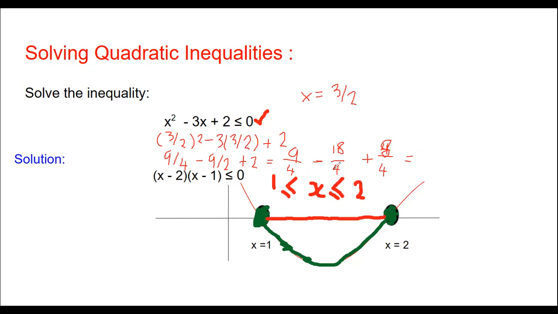Now, since the denominators are the same in each term, we can just add the numerators. So it's 9 minus 18 plus 8.